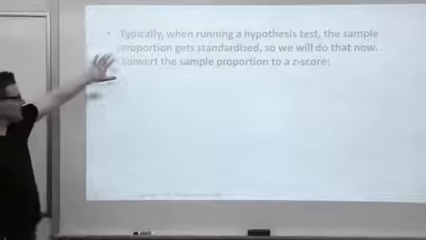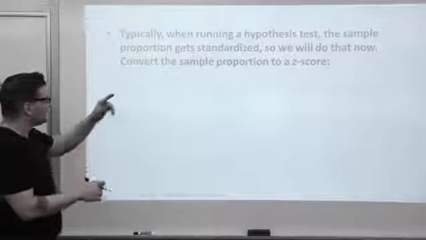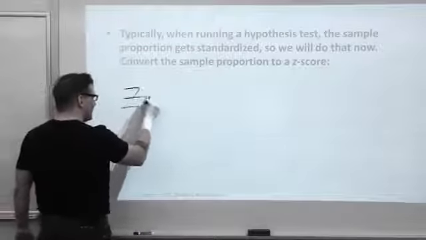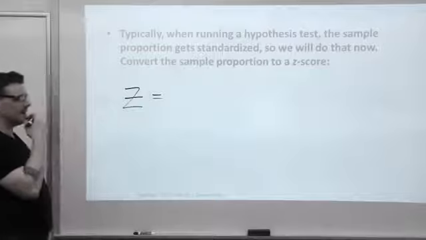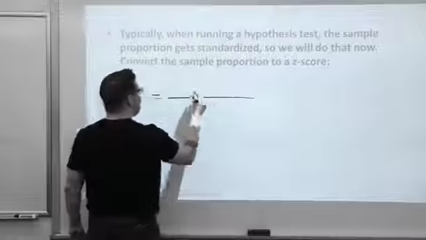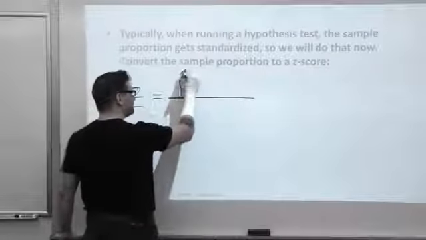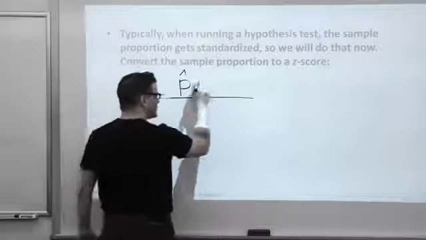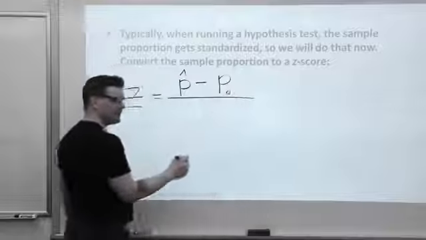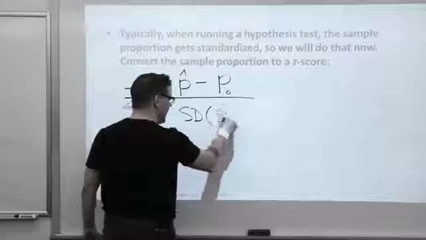Typically when running hypothesis tests, the sample proportion gets standardized. It basically means convert to z's. So we'll do that now. Convert the sample proportion to a z-score. Z equals, let's see here, basically I'm going to take my value I'm concerned about, which turns out to be p-hat, and I'm going to subtract off the hypothesized value, which we could call p sub 0, and divide by the standard deviation of p-hat.